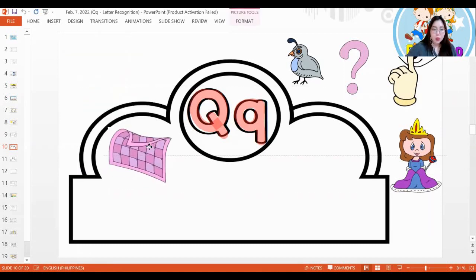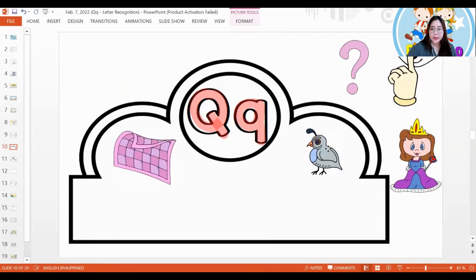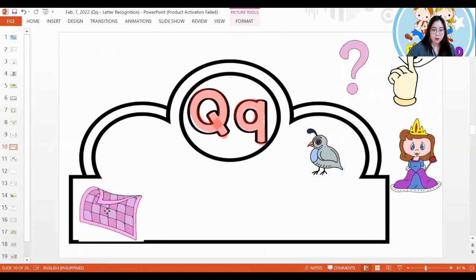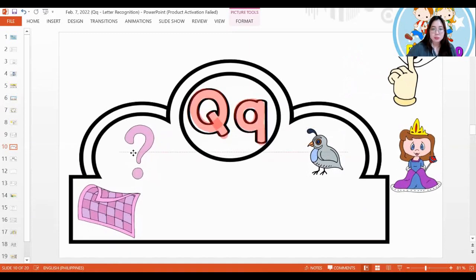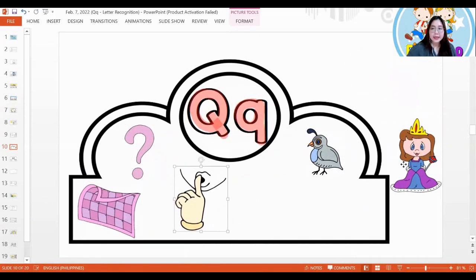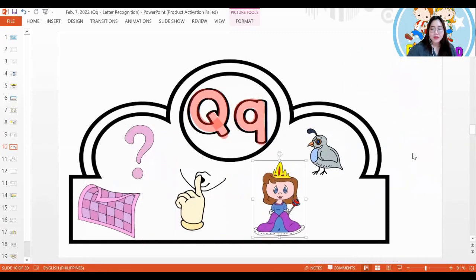So we have our quilt, we have our quail, we have our question mark, we have quiet, and we have the queen. And they all begin with the letter Q.